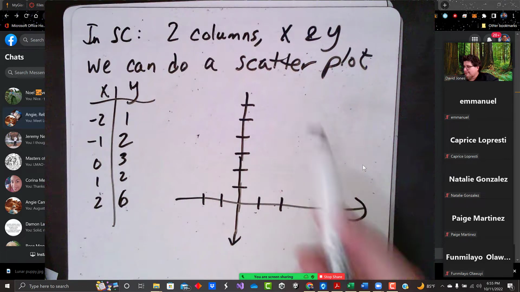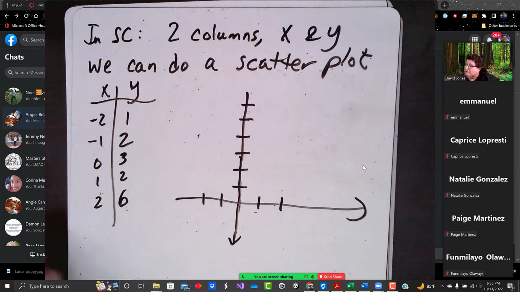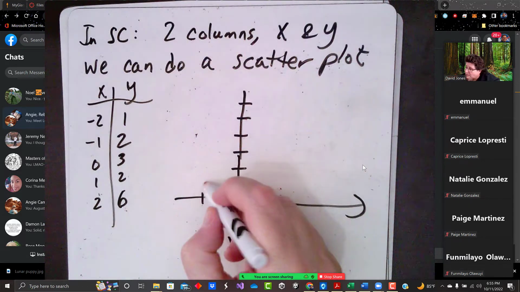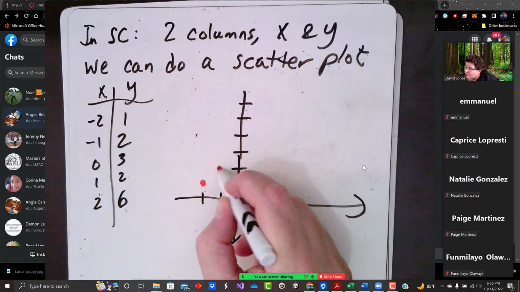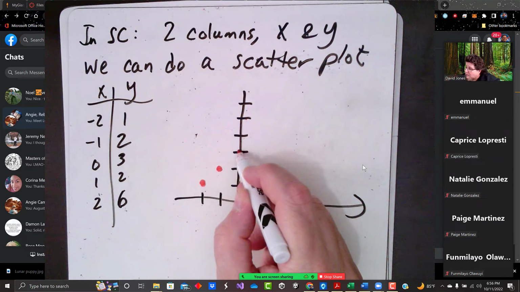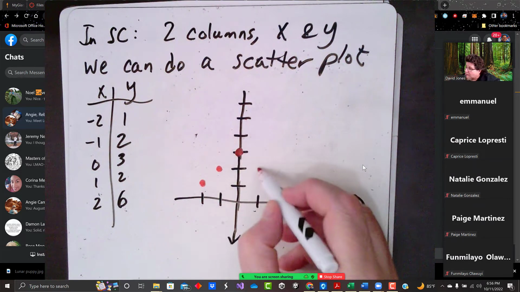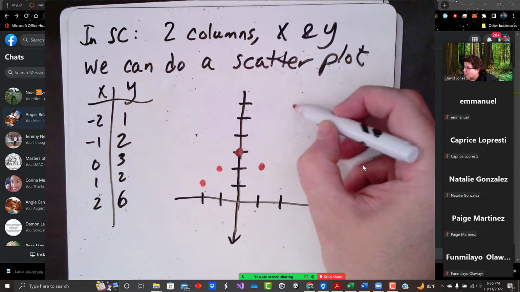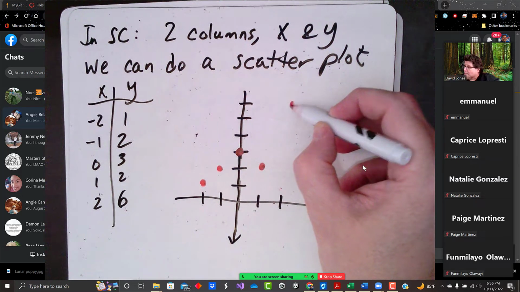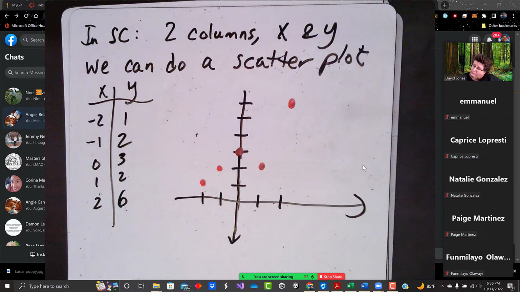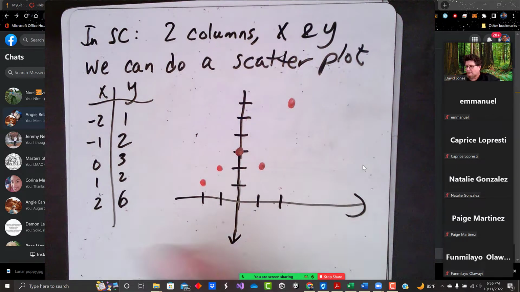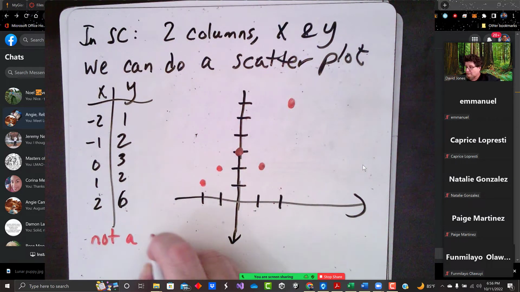Trying to make those as evenly spaced as possible. Now these dots clearly don't make a straight line.